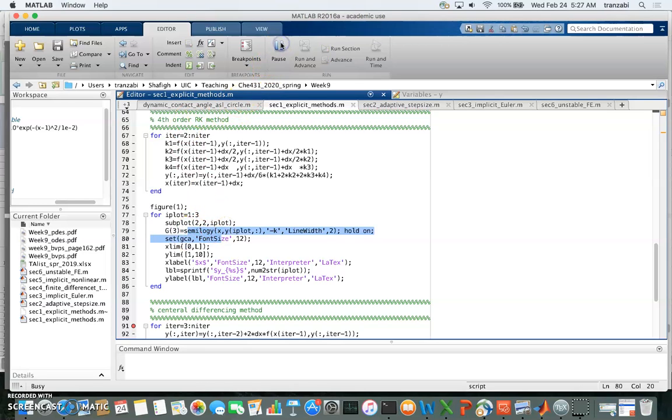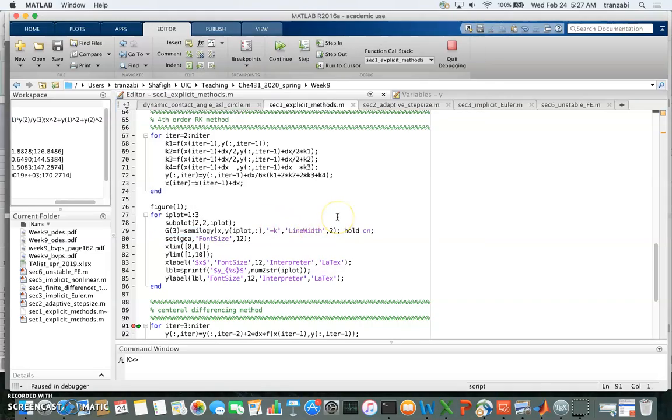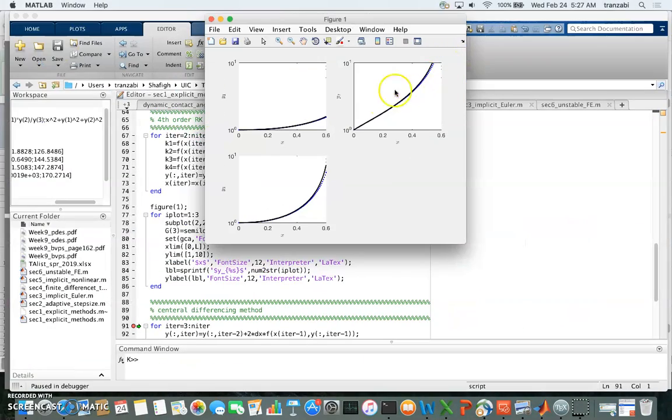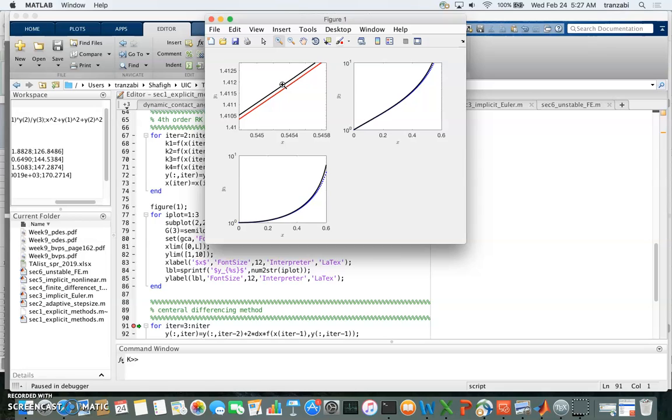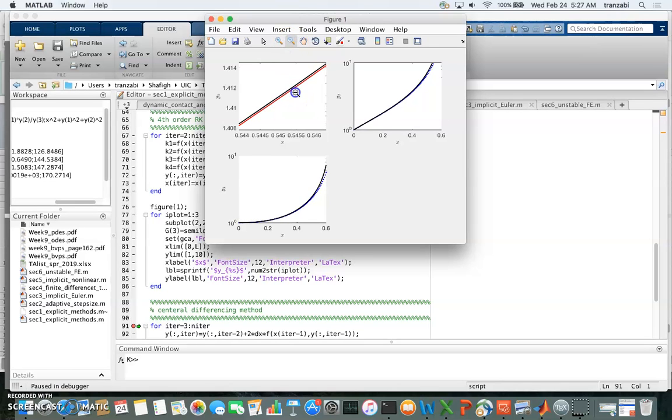If I go ahead and run the code, you see that this time we get 3 curves. If I zoom in here, you see there are 3 curves. 2 of them are really close: the red one is RK2, the black one is RK4, and you see that these are much closer.